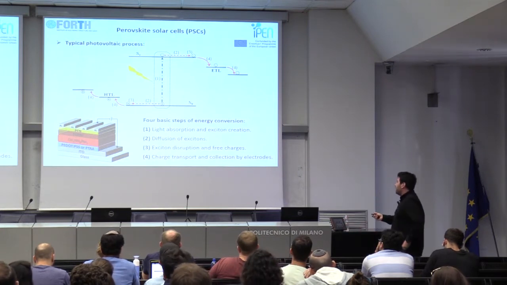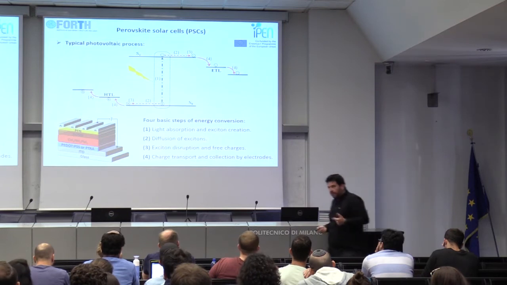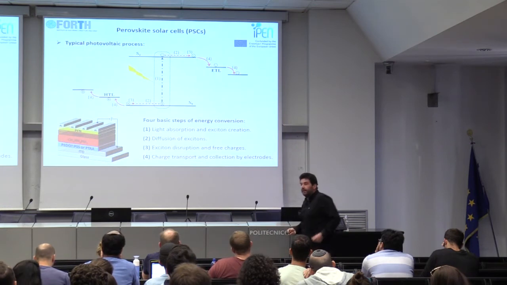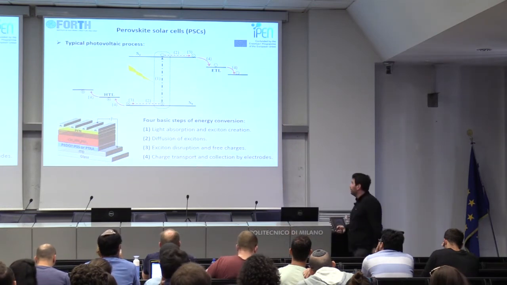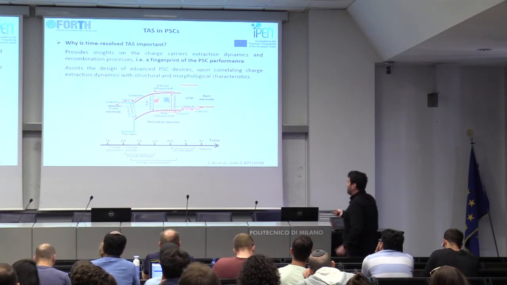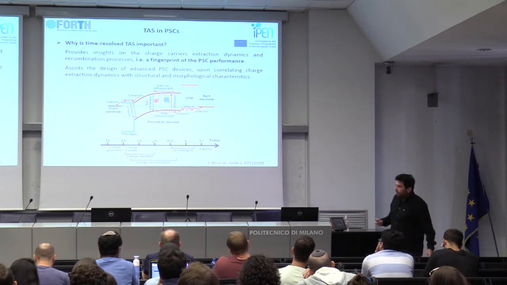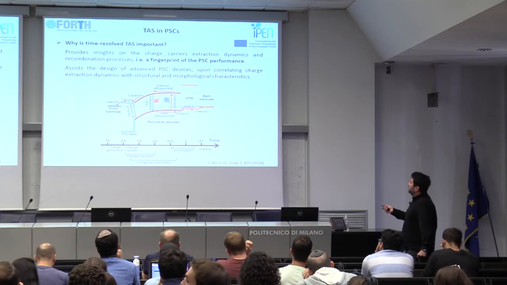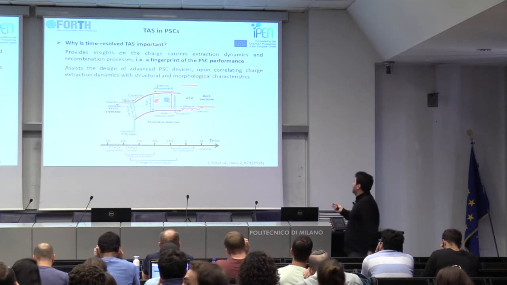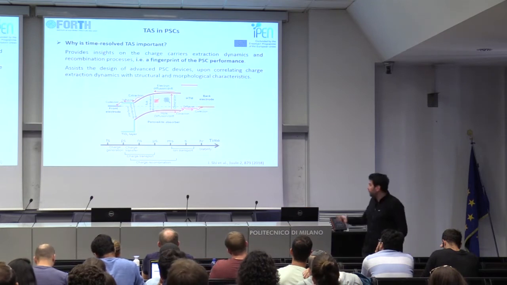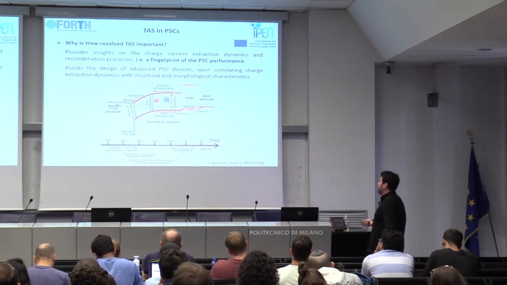Now, how fast we can extract the free charge carriers from the perovskite materials will be a direct fingerprint of the device performance, and that's where TAS, time-resolved transient absorption spectroscopy, comes into play, because it provides significant insights on how the charge carrier extraction dynamics and recombination processes occur within these perovskite components.